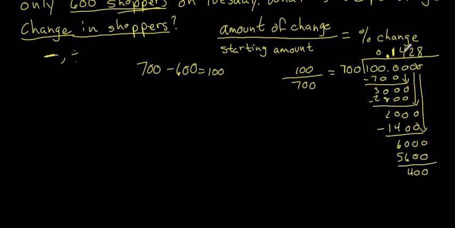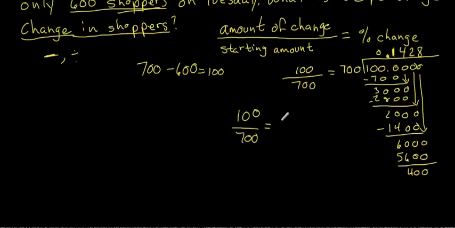We could keep going, but I think we can just say that 100 over 700 equals 0.14, and I'm going to round it because this digit here is an 8, but we only need 3 decimal places.